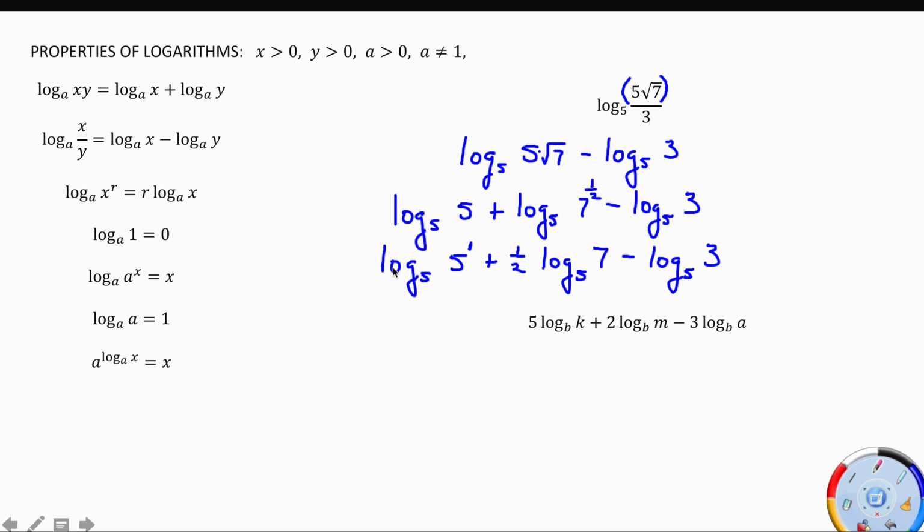So what's the exponent you put on 5 to get 5? Oh, it's 1. All of that will completely simplify to just 1. Now, 5 and 7, I can't write those as anything with the same base, nor 5 or 3. Notice I've expanded this logarithm into individual logarithms.